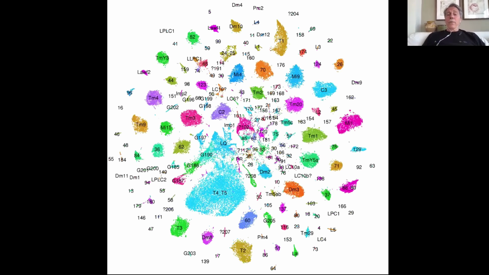And so you remember we had two classes of neurons in the optic lobe. Neurons which are unicolumnar, which are 800 neurons per brain, which means a large number, and the neurons which are multicolumnar, which are fewer neurons per brain.